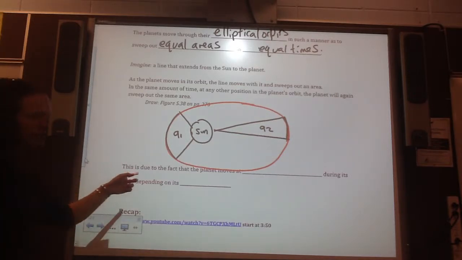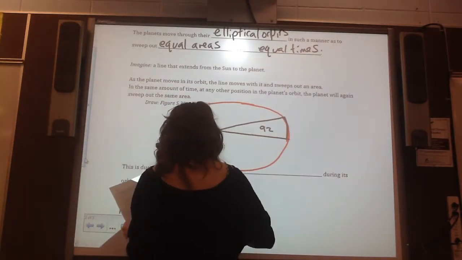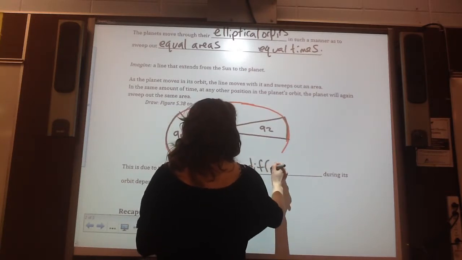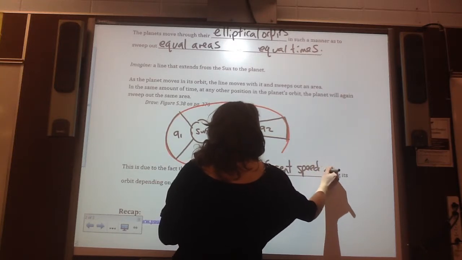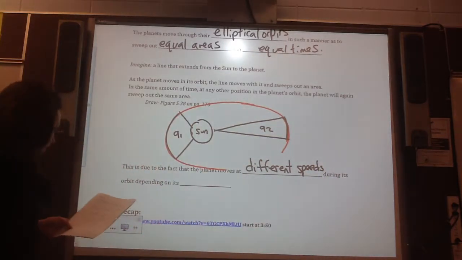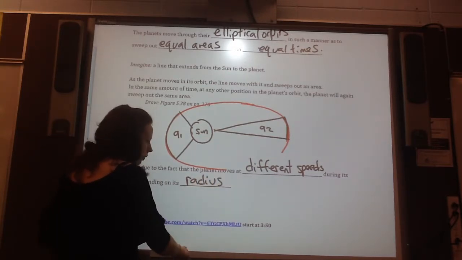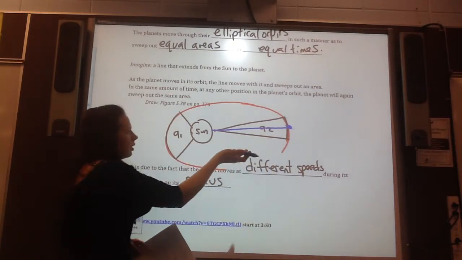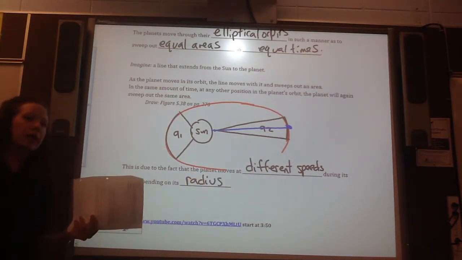This is due to the fact that the planets move at different speeds during its orbit, depending on its radius. So its radius meaning how far away it is from that object that's emitting that gravitational strength.